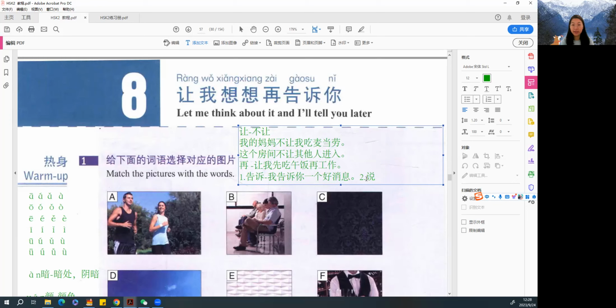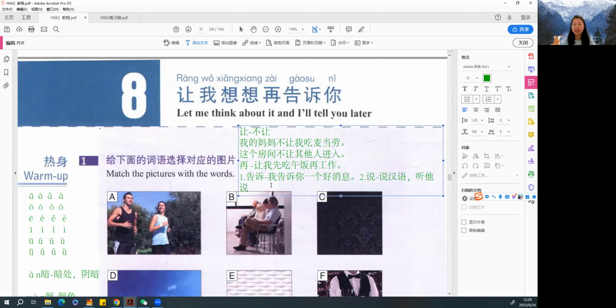to describe a language, to say that I speak this language, or I heard somebody say something. It's more like speak and say here. For example, 说汉语 or 听他说, I heard from what he said.